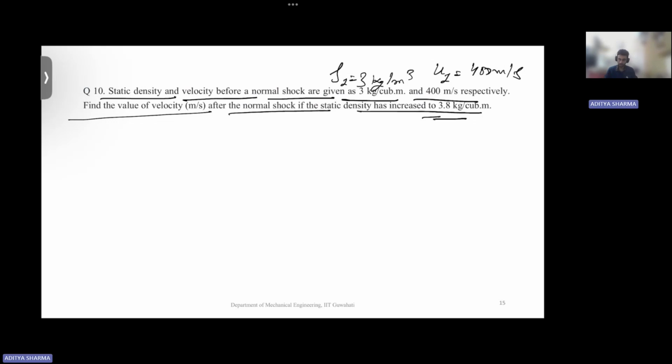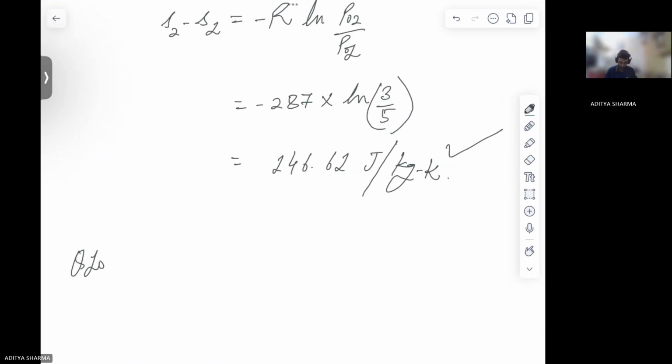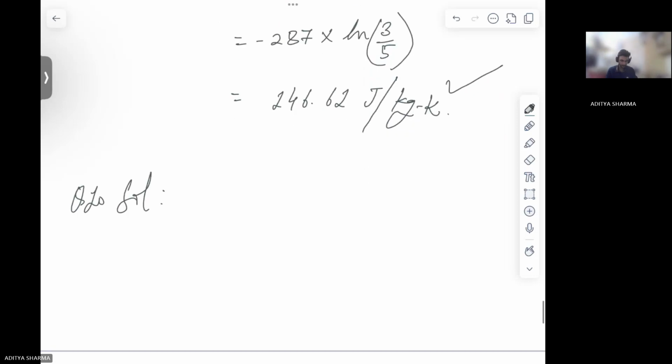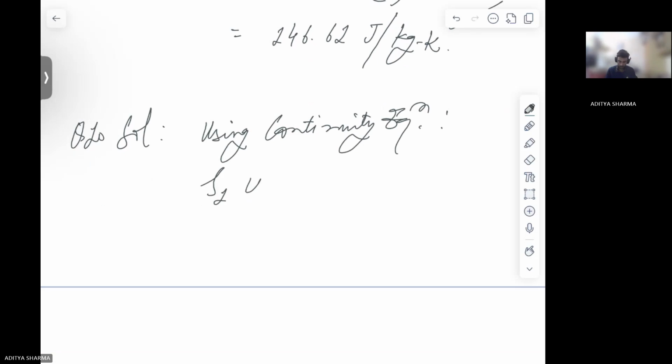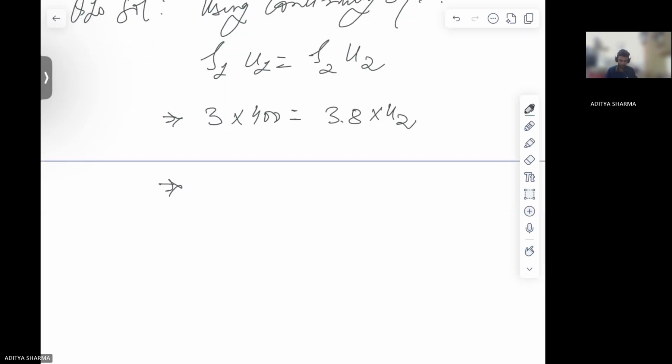So using continuity equation, you will solve this. Okay. So this is the velocity.